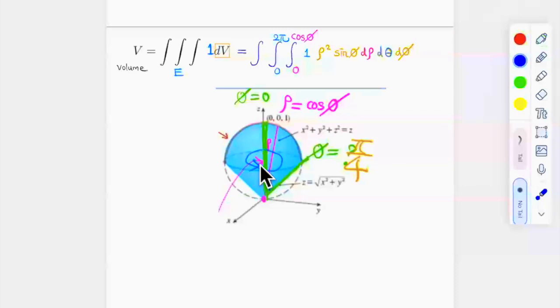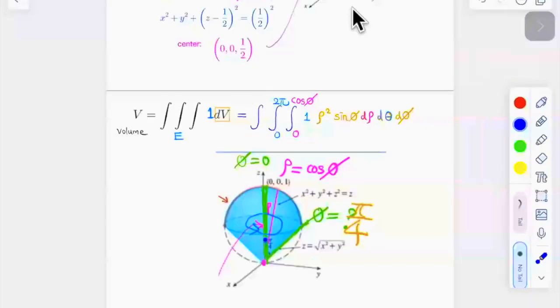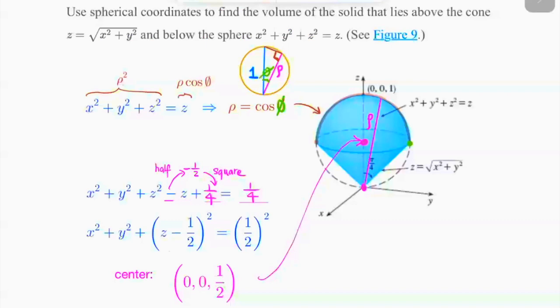Now what about phi? The smallest angle here is phi equal to 0. And the biggest phi here is pi over 4. So how do we know that this angle is pi over 4?